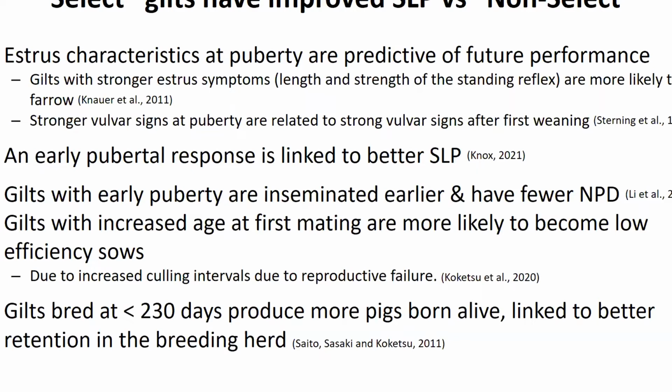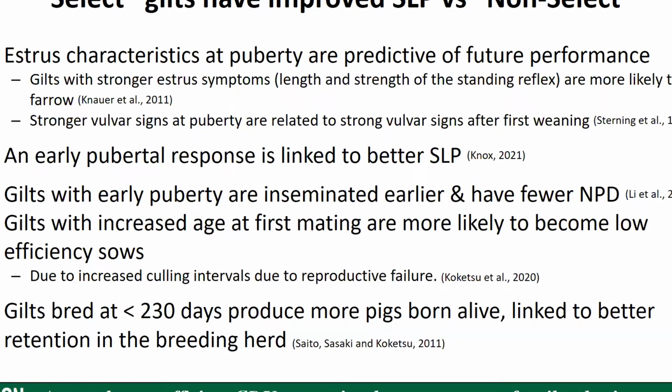We also know that gilts bred at less than 230 days of age produce more pigs born alive, and this is linked to better retention in the breeding herd. So one of the actions that we can take for this key principle is to really accept that an efficient gilt development system is a key component of your gilt development unit.